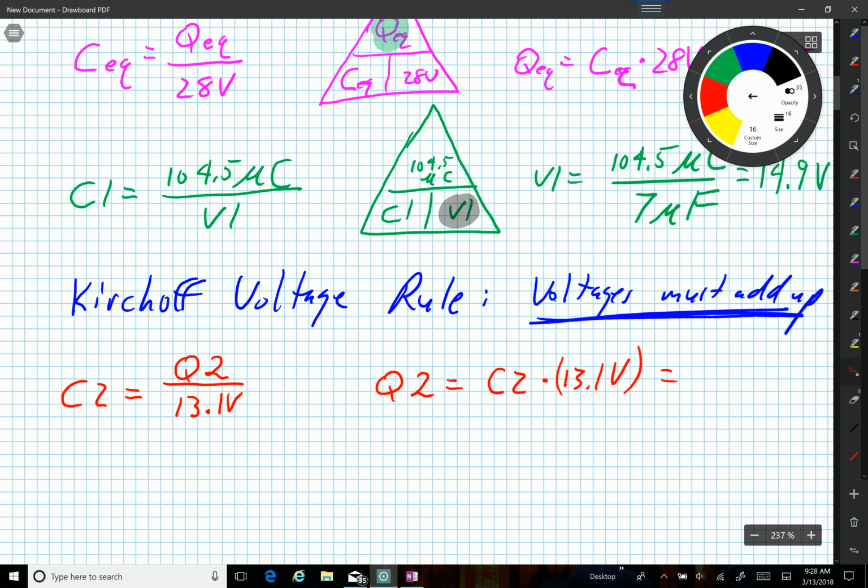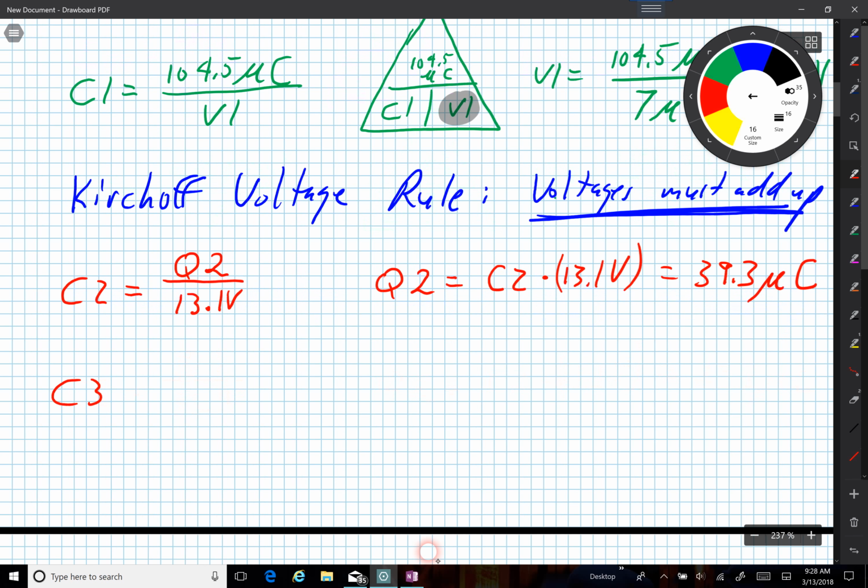So if I've got 13.1 and 3 microfarads, I got 39.3 microcoulombs. Okay, that's the charge on capacitor 2. 39.3 microcoulombs.